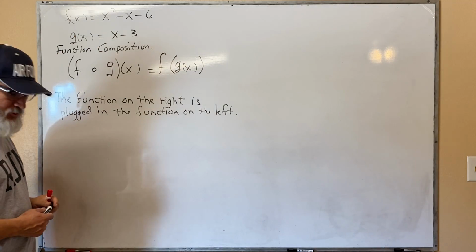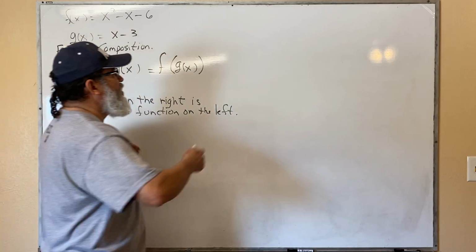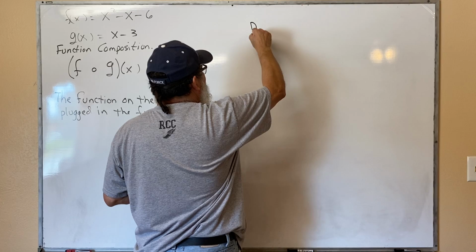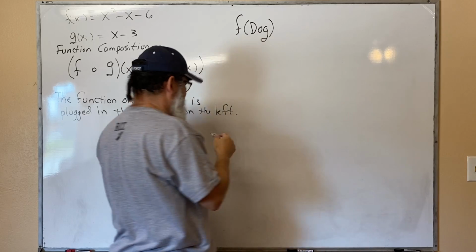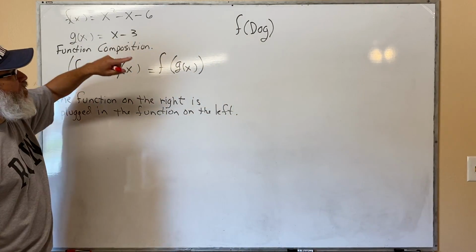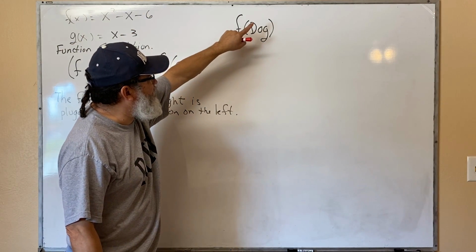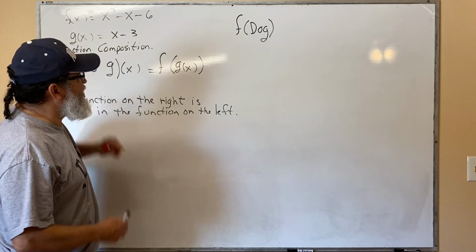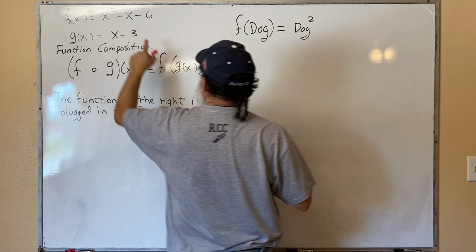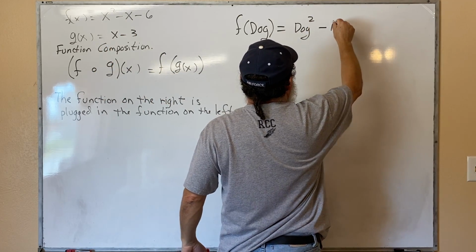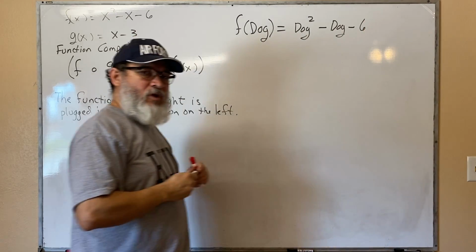If I plug in a dog into f, what will f do to the dog? This f is going to take the dog and square it. Subtract 6.